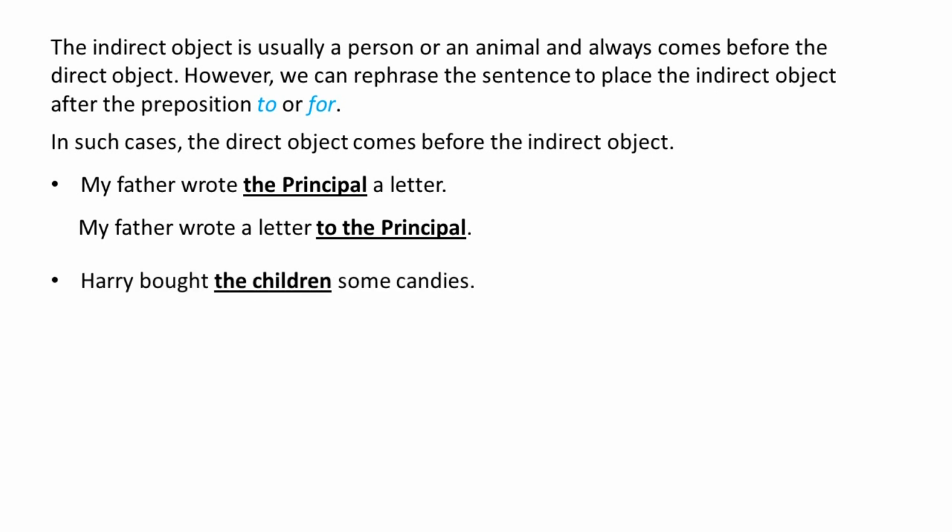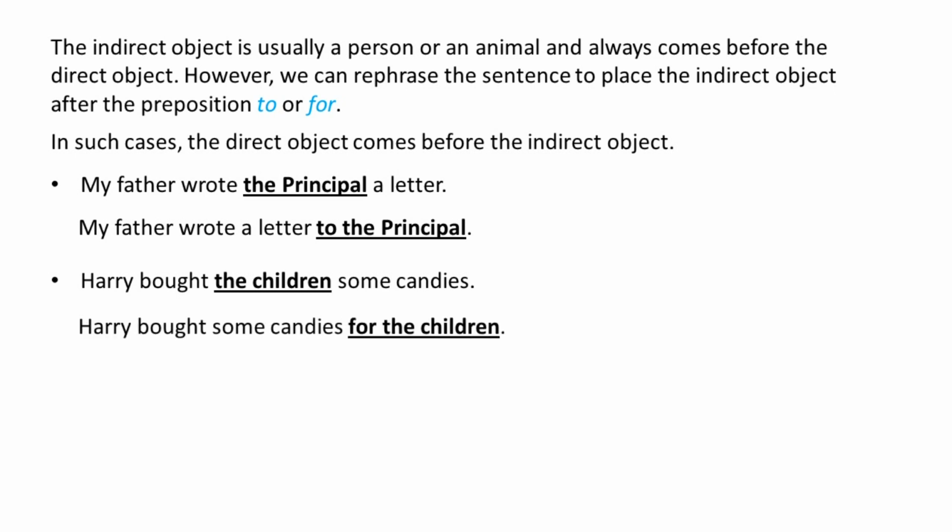Another example. Harry bought the children some candies. Harry bought what? Some candies. So some candies is the direct object and the children is the indirect object. We are going to rephrase this sentence using for before the indirect object, the children.